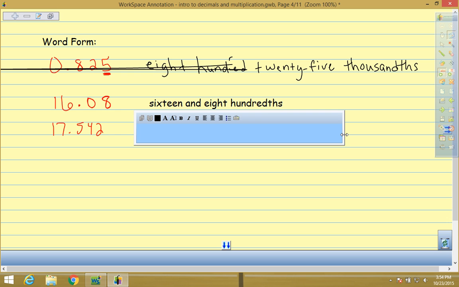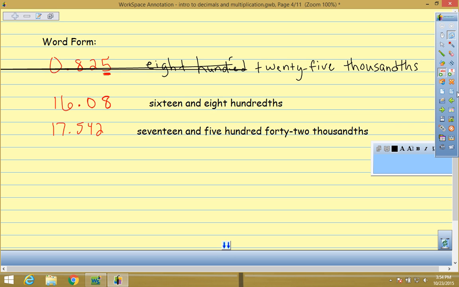Look at the whole number and say its name. We've got 17, and then we say that whole group together: 542, and that is in the thousandths place. Thousandths. Okay, good work.